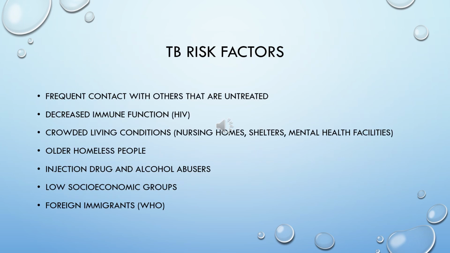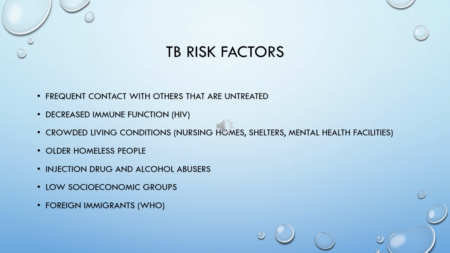What are some of our risk factors for development of TB? Well, frequent contact with others that are untreated. So if we know that somebody has TB and we have frequent contact with them, it increases your risk. And unfortunately, you may not know that person is potentially a carrier and able to infect you while you're having contact with them.